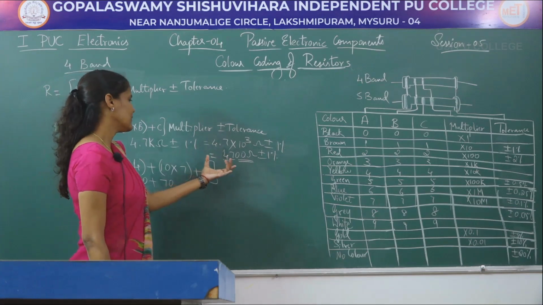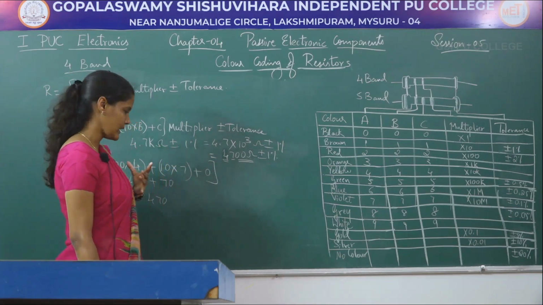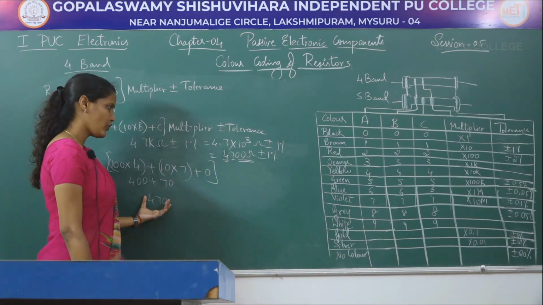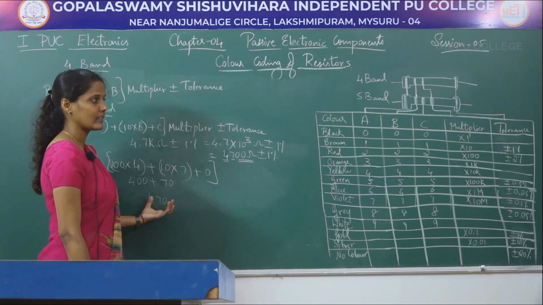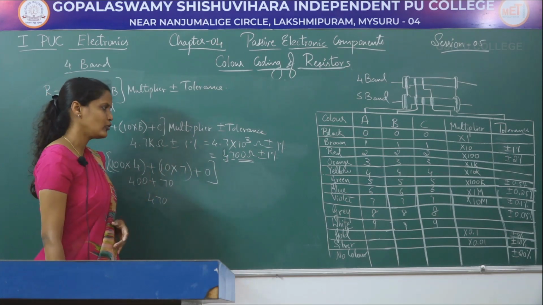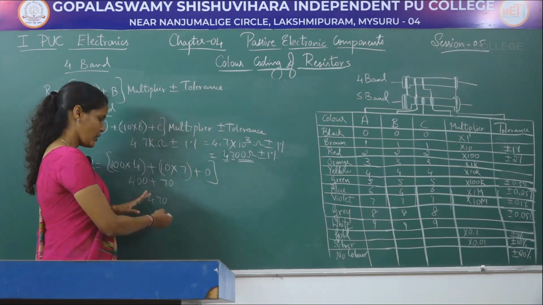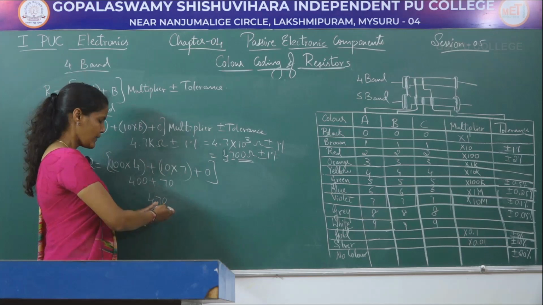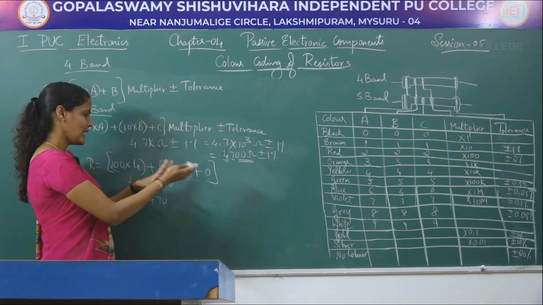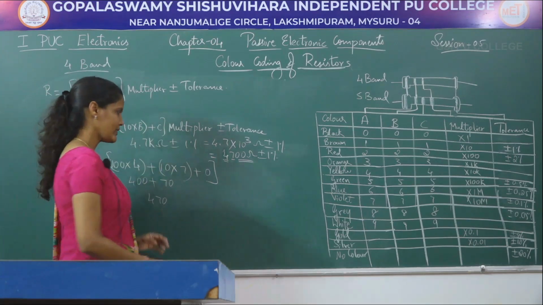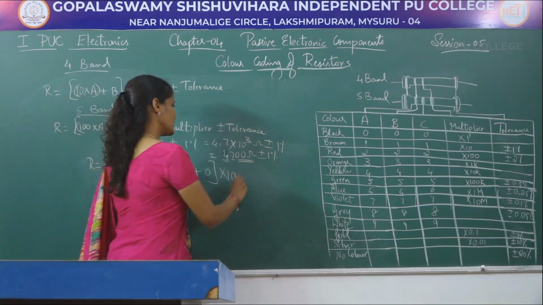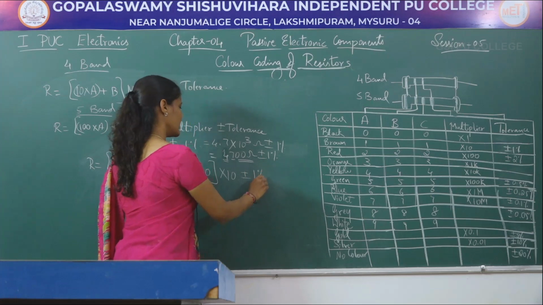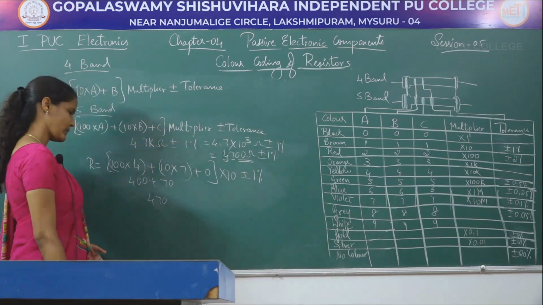In order to get the value of 4700, in which I am having only 470, I have to multiply this with 10. Only then I will be getting a value of 4700. So multiplier value must be equal to 10. And the tolerance value they have already mentioned as plus or minus 1%.